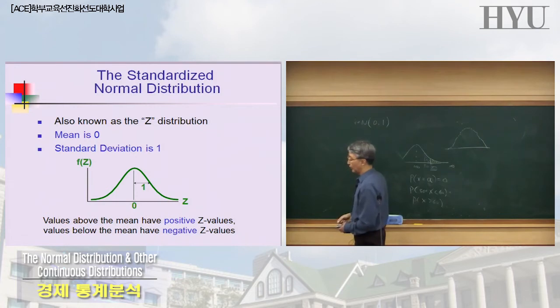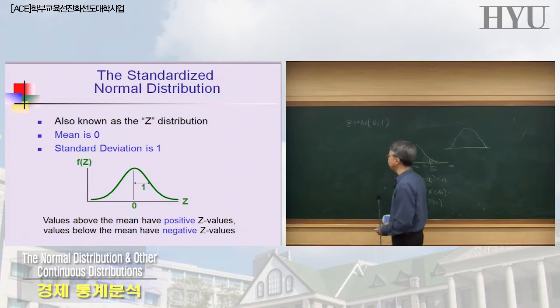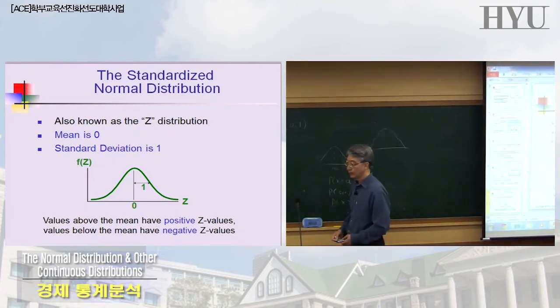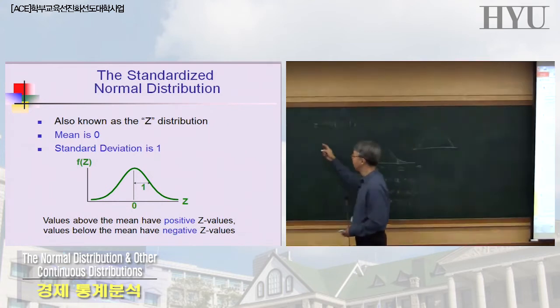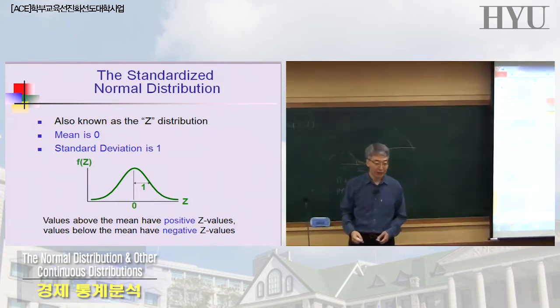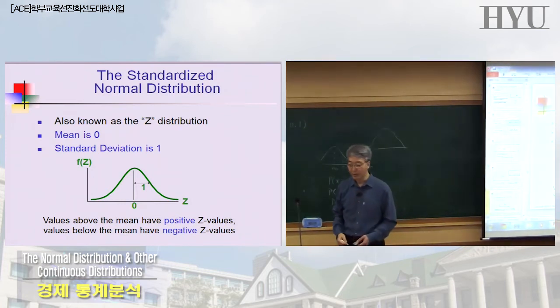And instead of x, we use z to denote the standard normal variable. I understand that many of you read this as jet, but in this class, let's read it like the z distribution: x, y, z.